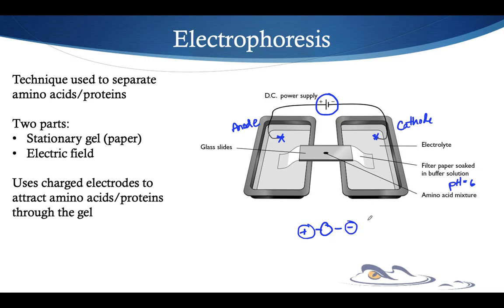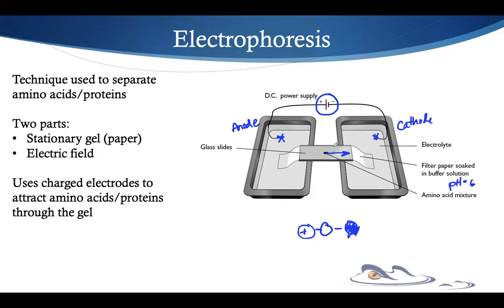However, if it was a cationic solution, let's get rid of our negative here. If it was a cationic solution, then this is positively charged, and so the negative side, or this over here, is going to be pulling on that and pulling it towards this side of the buffer solution, or this side of the apparatus.